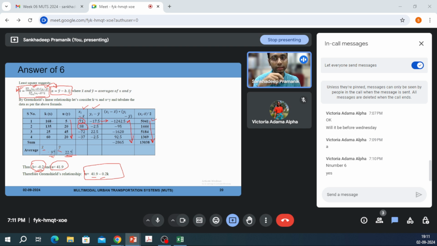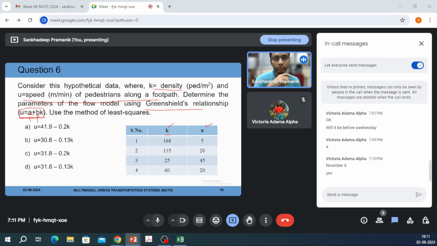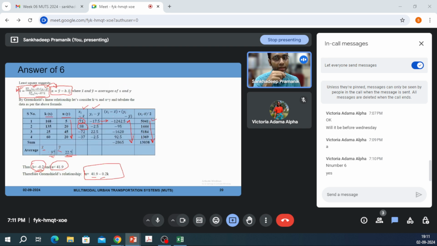So if we consider k as x and u as y, for xi minus x bar and yi minus y bar, we first need to calculate this x bar, that is the average of all of these, and we also need to calculate the average of these four, that will be y bar.